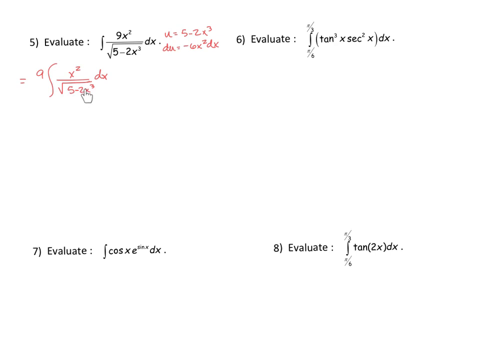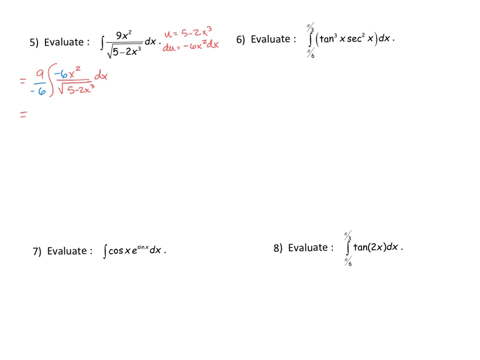The du is negative 6x squared dx. All we have is x squared. So in order to have a 1 over radical u du, we'll need a negative 6 times that x squared. So we'll simply multiply it by negative 6. And of course, if we do that, out front we've got to divide by negative 6. So now we have what we want.